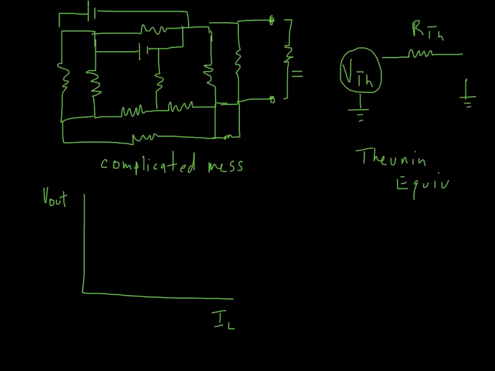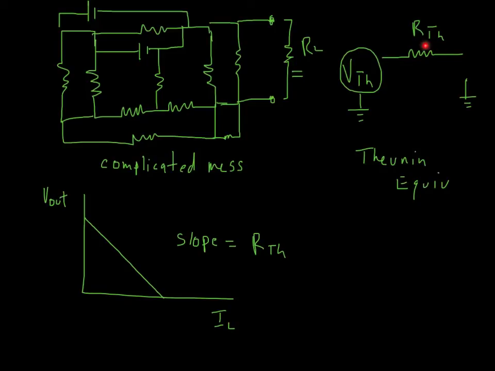All right, so that one's not connected yet. That would be an RL. So as I pop on different RLs onto this, I'll get a graph, that line, and the slope of the line is equal to R Thevenin. And that's what we need in our circuit.